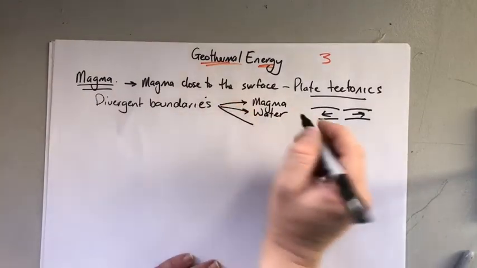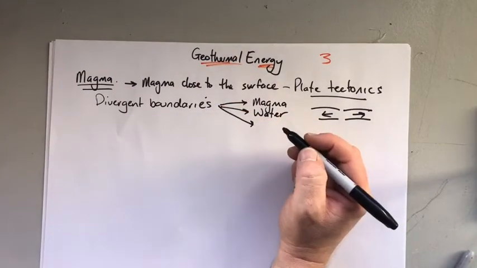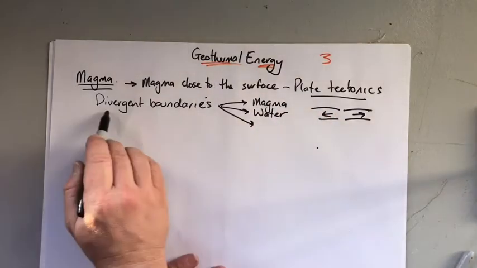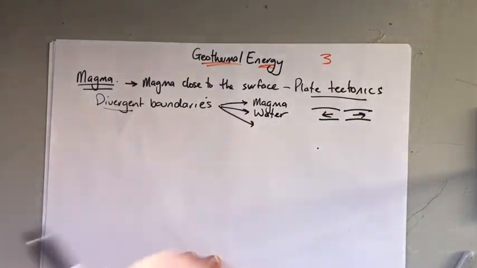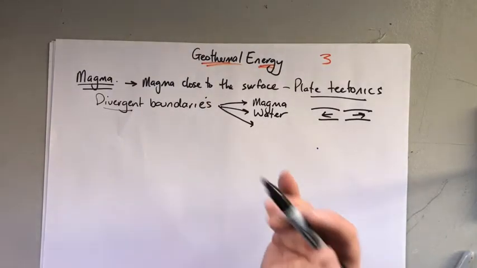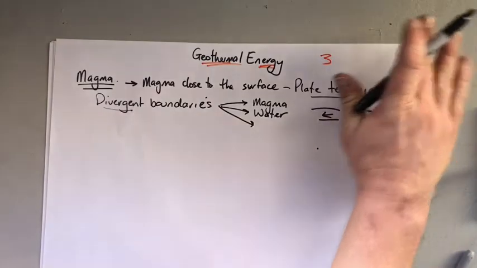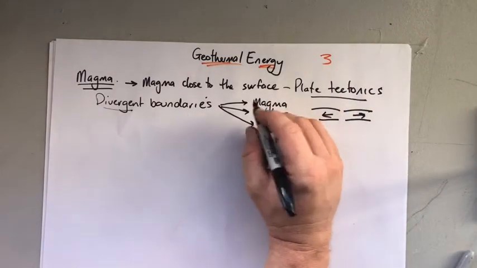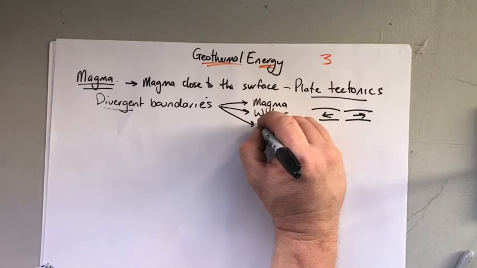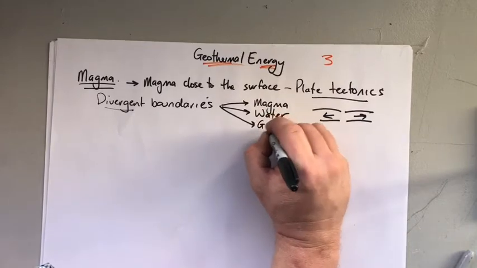There is another reason as well, and it comes when we think about our volcanoes and lava. At subduction boundaries, we get very violent volcanoes and quite violent eruptions. However, at divergent boundaries, we have quite gentle volcanism. I'm going to write: gentle.